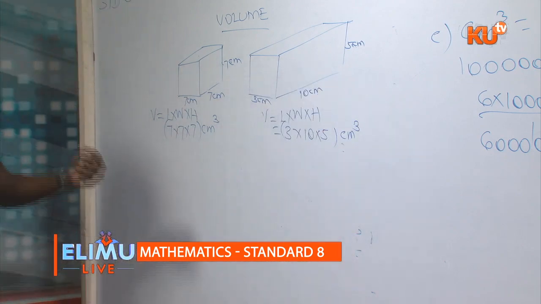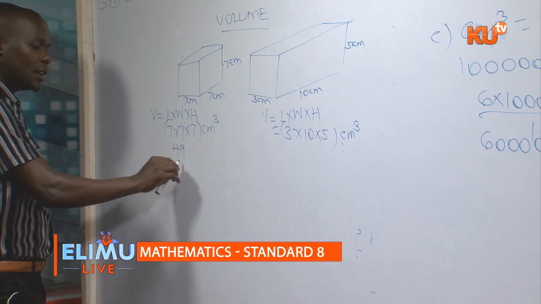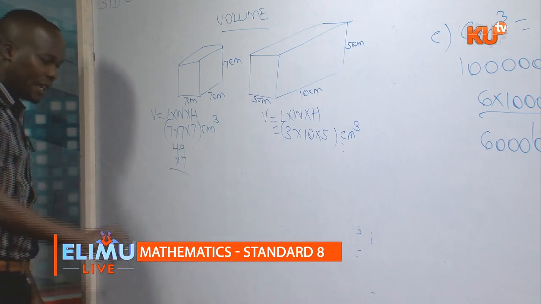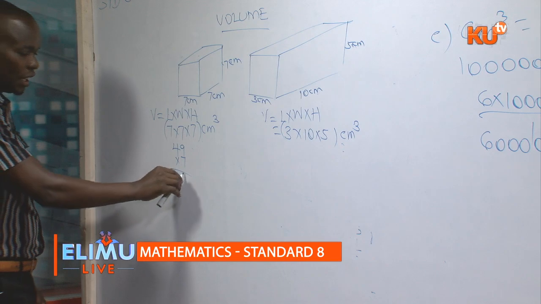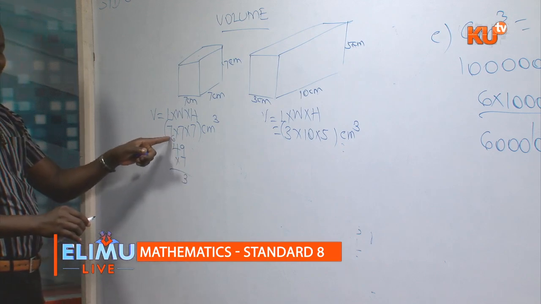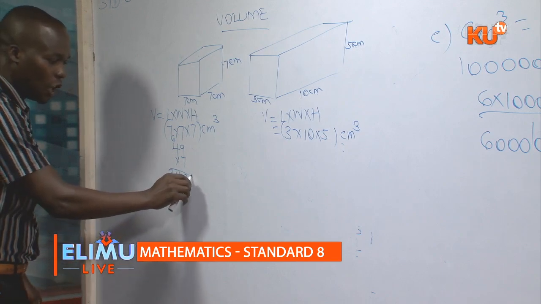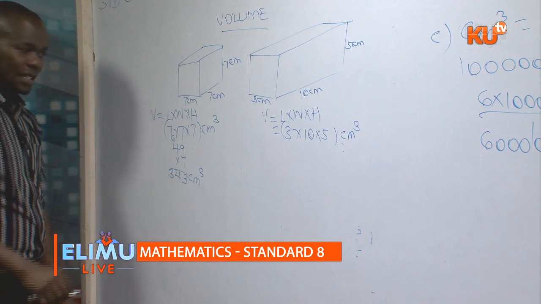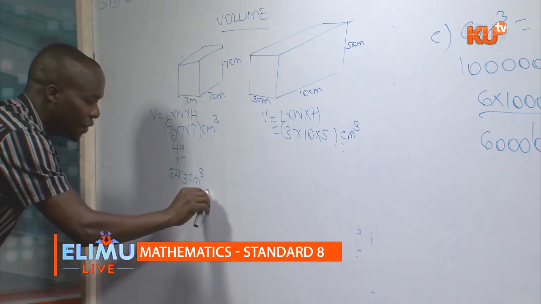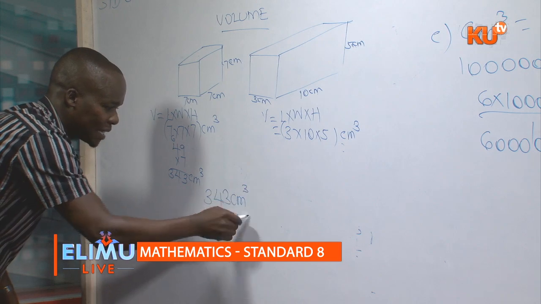centimeters. So we'll have 7 by 7 is 49 by 7. 7 times 9 is 63. Carry 6. 7 times 4 is 28 plus 6 is 34. So our answer is just 343 cubic centimeters.